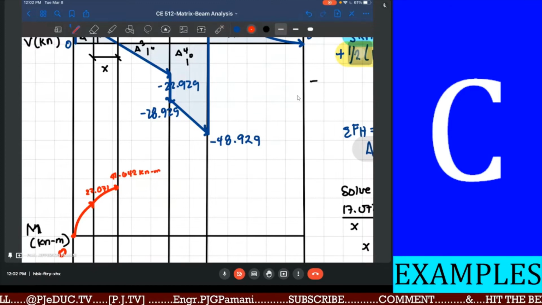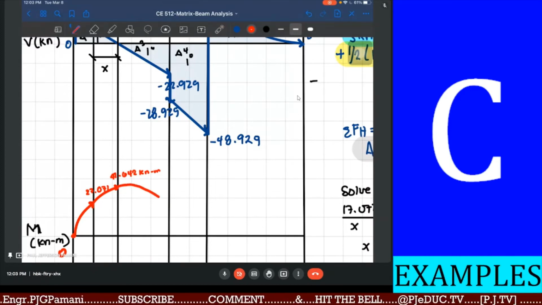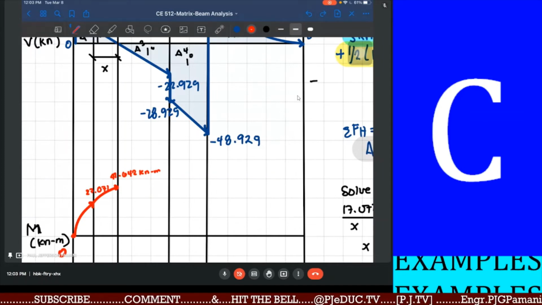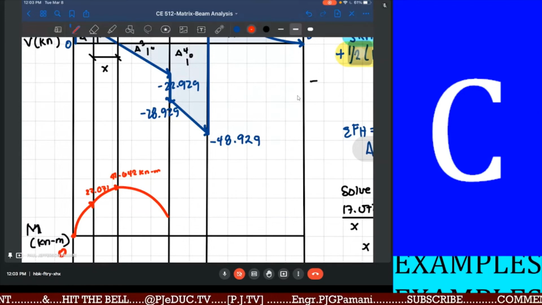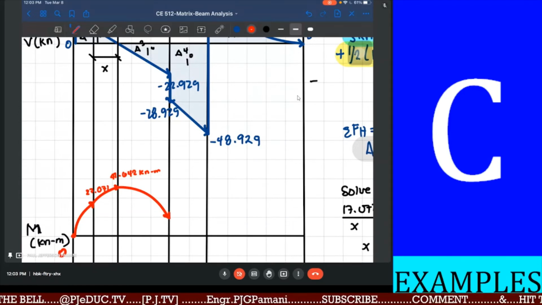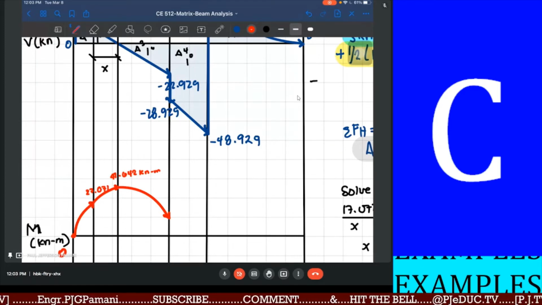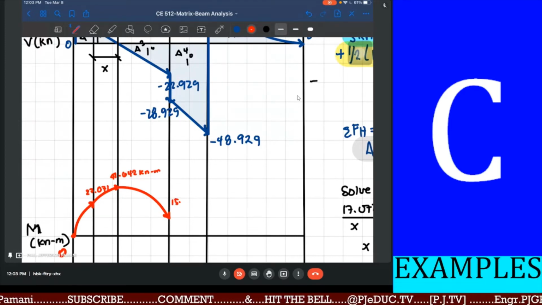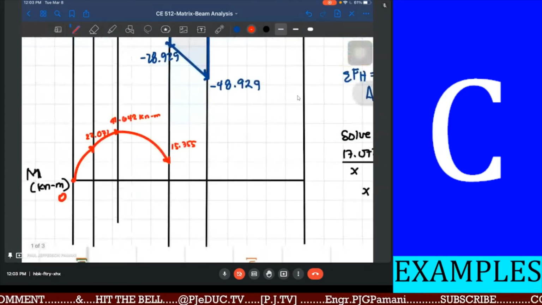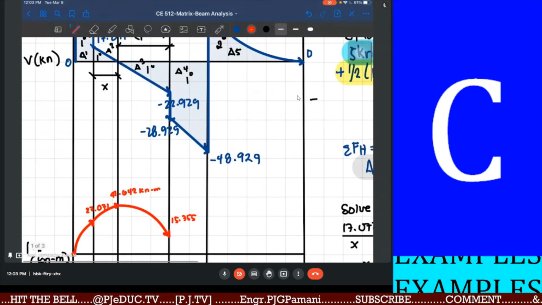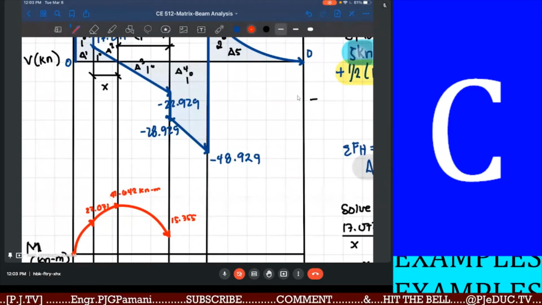So, anong mangyayari? Pababa. That is 15.355 kilonewton meter. Okay? Then, lastly, the trapezoid or your area 4 found in the negative quadrant.